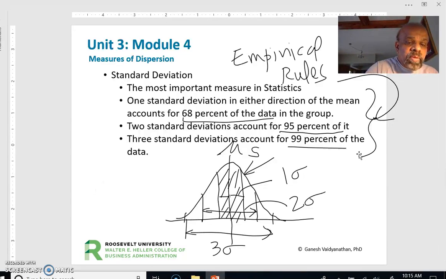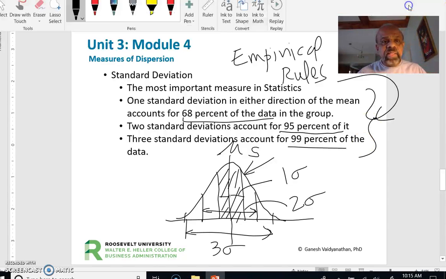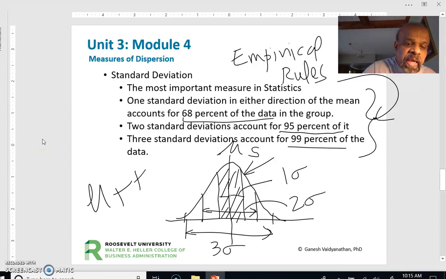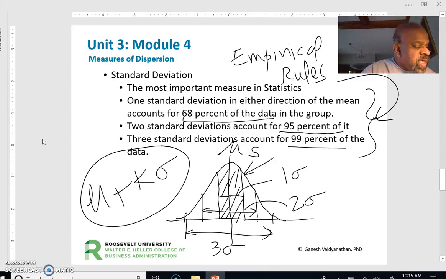The actual way to find this would be mu plus k sigma. K is the number of standard deviations around the mean, sigma is my standard deviation and mu is my mean. And that gives you the idea of how standard deviations work. Okay, so let's go to module 5 after this.